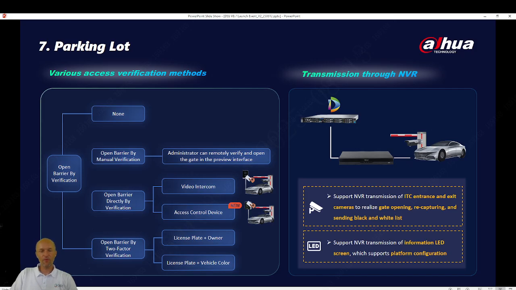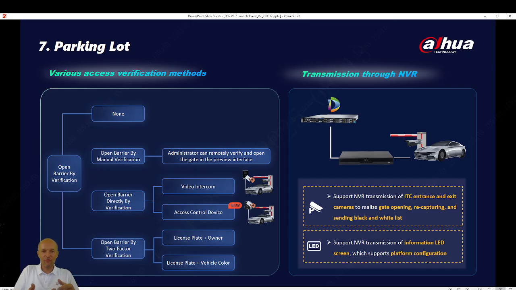Another feature which we made over here is also two-factor verification. So you can have license plate plus owner, so we need to verify by the card or by the face or by the vehicle color. So the license plate needs to be matched with the vehicle color. So in case someone steals your car on the parking lot, and this is common practice that they will change the license plate.